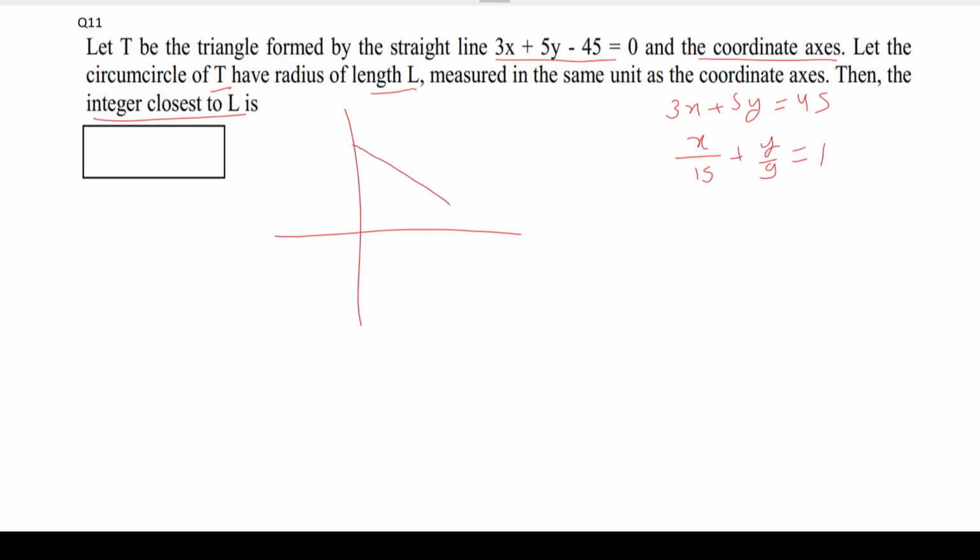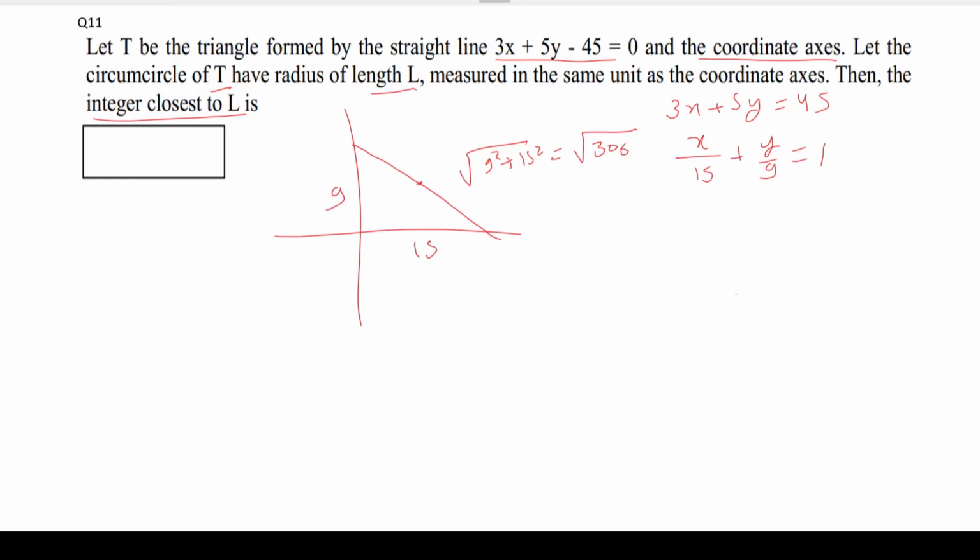So the intercept on the x-axis will be 15 and on the y-axis will be 9, and the hypotenuse square will be 9 square plus 15 square equals to 81 plus 225, that will be 306.